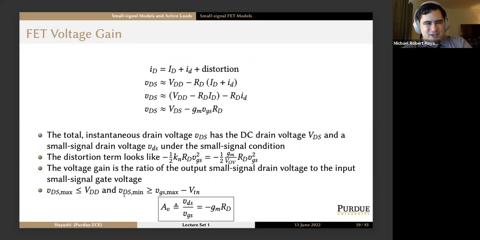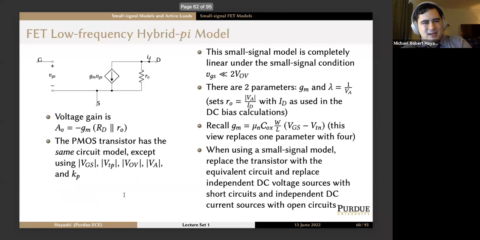And then we talked about the voltage gain for that grounded source amplifier. And then we talked about the hybrid pi model, which has the gate open circuit with respect to the source, while the drain to the source has both this voltage controlled current source and this output resistance RO. RO comes from the early effect. The current source depends on VGS, which comes from the normal saturation mode operation of the transistor under small signal operation, to make that even more explicit.